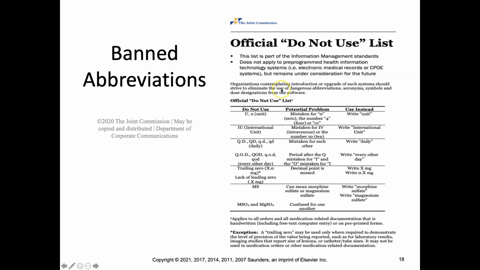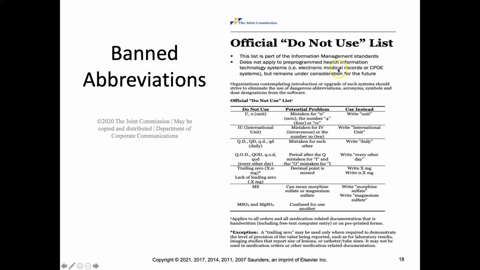goes through, these are abbreviations that they have found cause problems, that when they are handwritten or on pre-printed forms or used in free text computer entry, they have documented medication errors with.